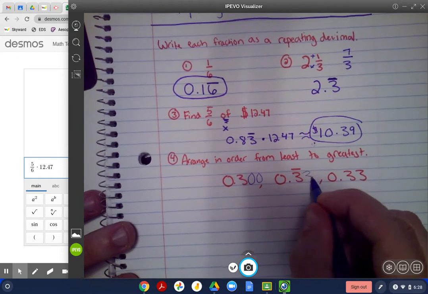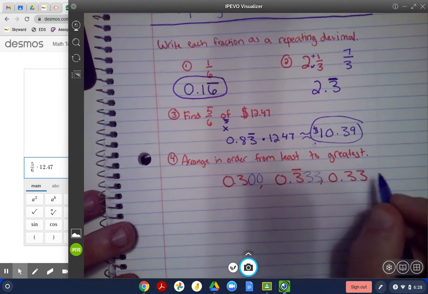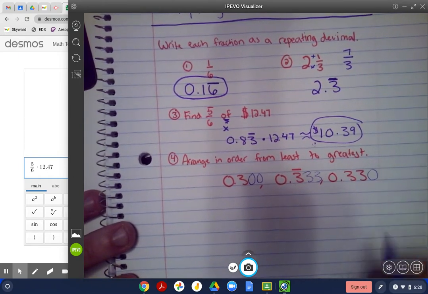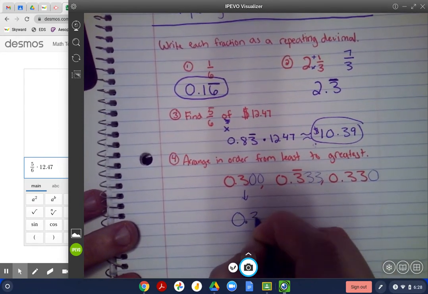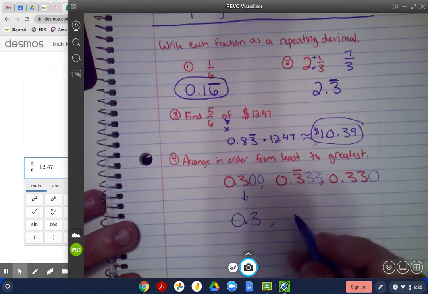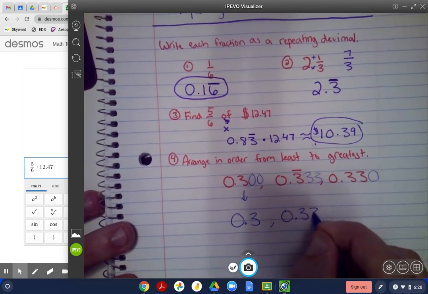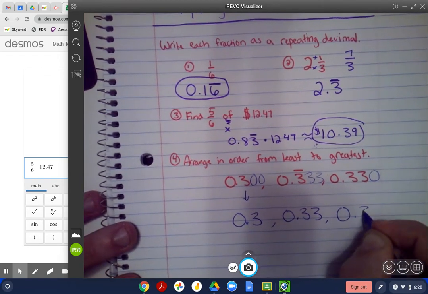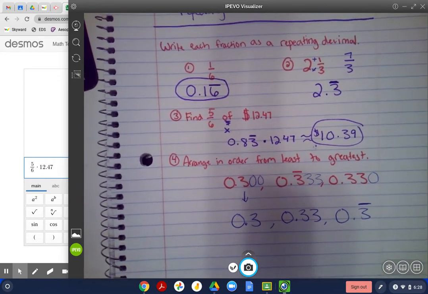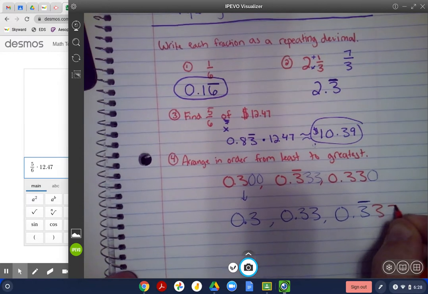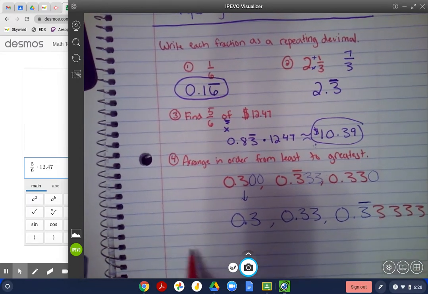This one is going to continue to have 3s and repeat forever. And this one's going to stop right there and have a 0. So this is going to be our first one, 0.3. 0.33 is going to be our second one, and 0.3 with the bar on it is going to be our last one, because that one is going to repeat forever and ever and ever.